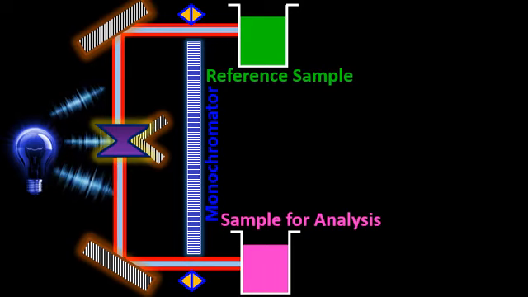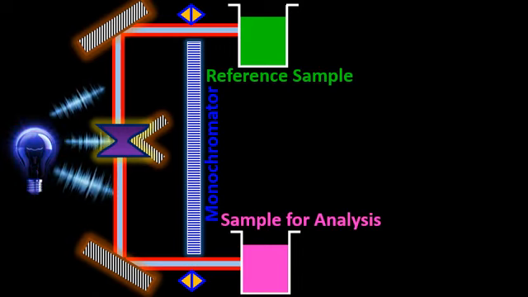So in the IR spectroscope, the infrared radiation which is split by a beam chopper, deflected and moved from the monochromator will fall on the reference region and also on the sample which is present for analysis.